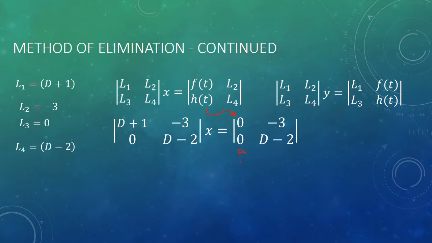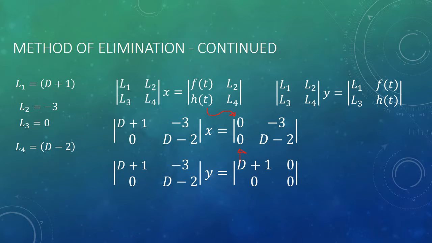Now I can do this for y also, but in this case, what I've removed is this function right here, and the functions go right there because I'm solving for y.